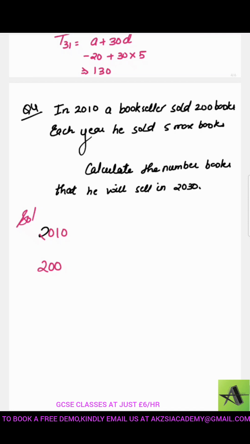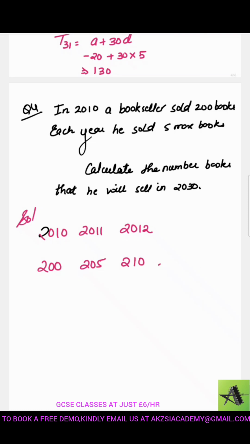So that means in 2010, he actually sold 200 books. Next year, which is in 2011, he will sell 5 more books, which is 205. Then in 2012, he will sell 5 more books, which is 210, and so on.